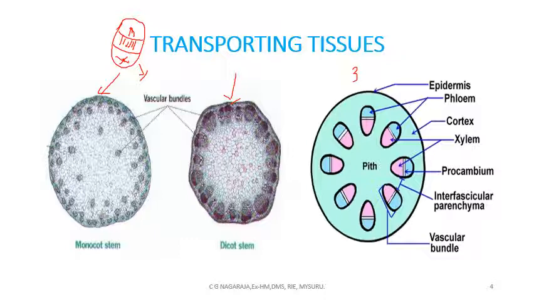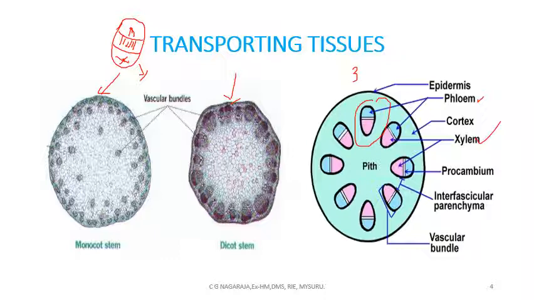In the third diagram, we have shown a vascular bundle, this is the vascular bundle which I am showing, contains xylem, it contains phloem, and maybe there may be a central part, and that part may sometimes be called cambium.